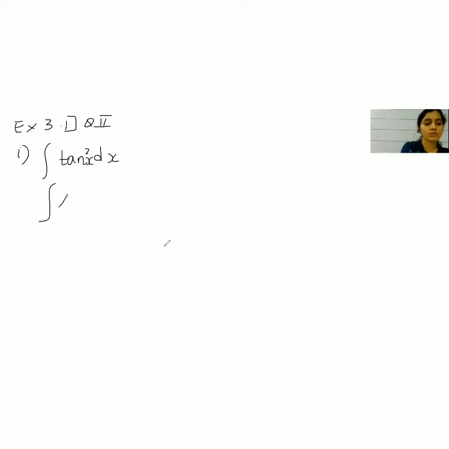So instead of tan square, I can write sec square x minus 1 dx. In the bracket I'll just put the identity: 1 plus tan square x is equal to sec square x.